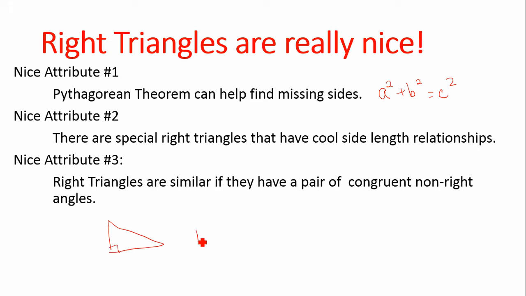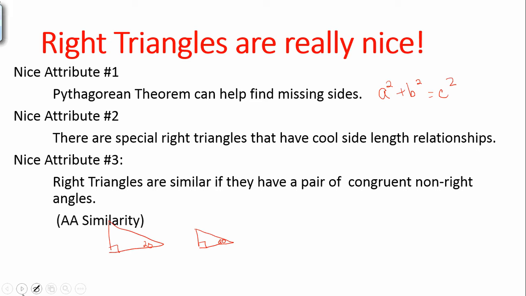Here's one, and here's another one. If they're two right triangles, all I would need is one pair of congruent non-right angles in order for those two triangles to be similar. Remember, similar means just one is a smaller version of the other, the same shape, but just a different size, right? And so with that idea, this is pretty much the angle-angle similarity idea, right?